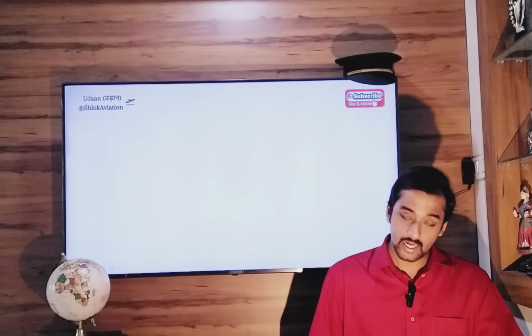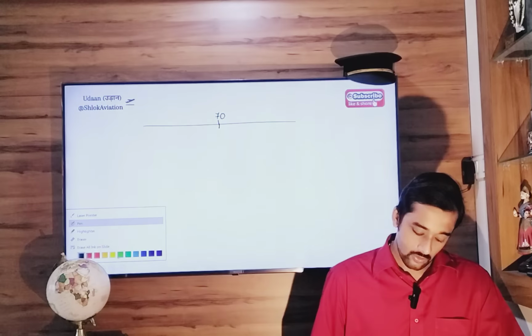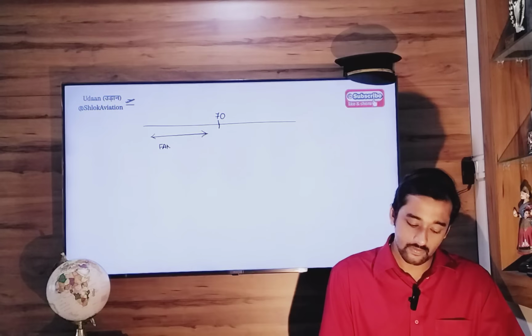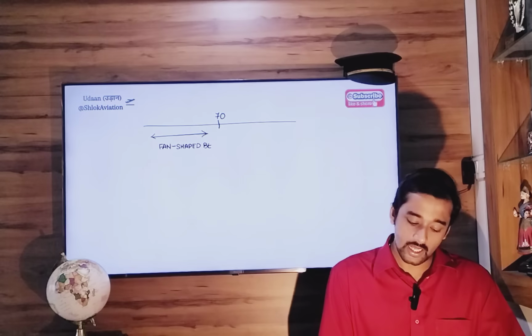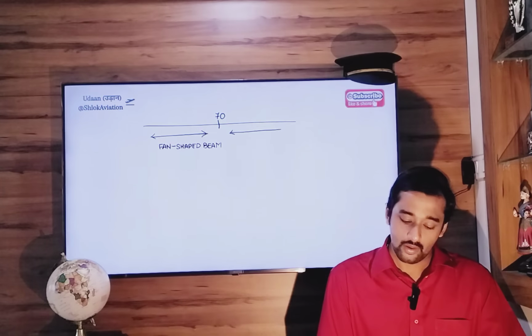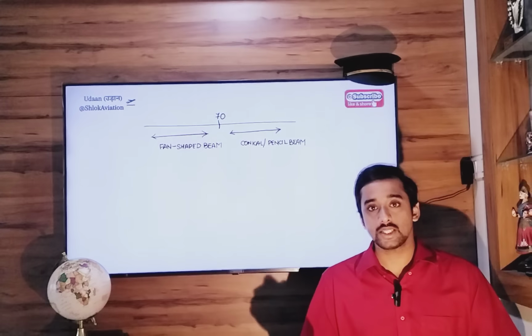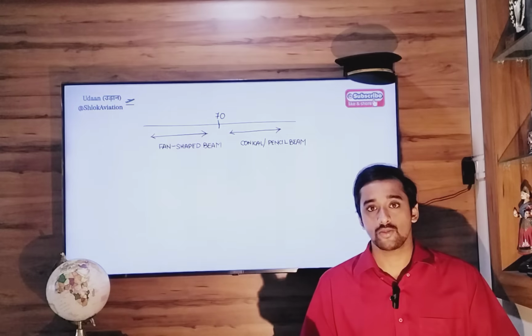Now, I have repeatedly said this, that for the first 70 nautical miles, we make use of fan shaped beam, and for the next 70 nautical miles from 70 to 150, we make use of conical or pencil shaped beam. So for long ranges, it is very important that we use conical beam or pencil beam. That's why that is possible in manual mode.